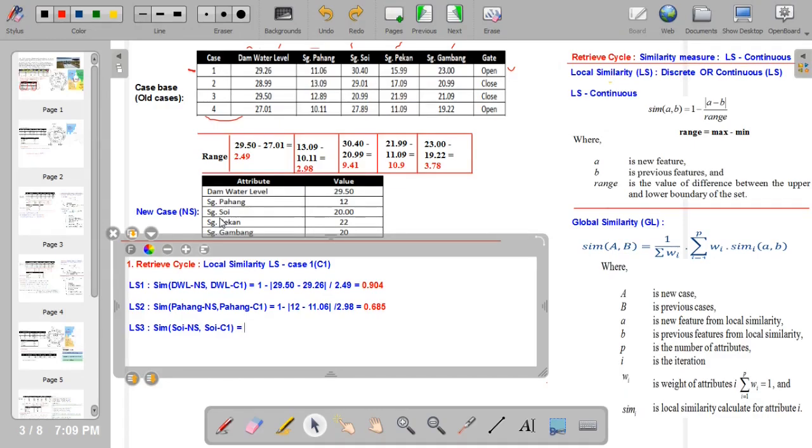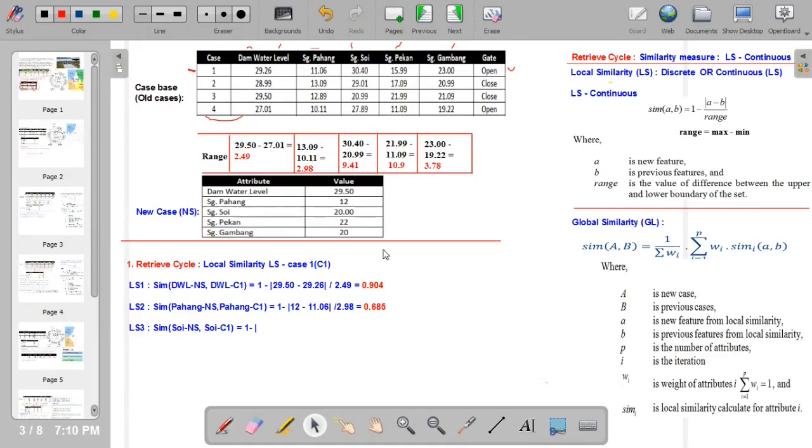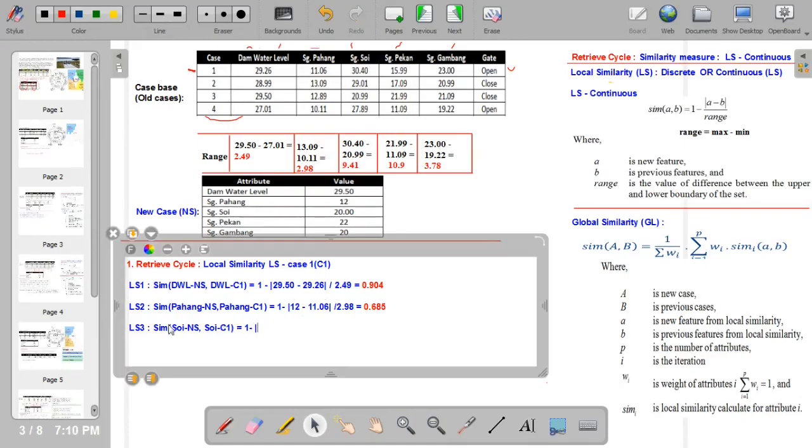Then equal to the same thing, 1 minus the absolute value of, what is the value of the Soy attribute in the new case? It is 20, right? This is the Soy attribute and in the new case it is 20. So 20 minus the value of the Soy attribute in case 1.